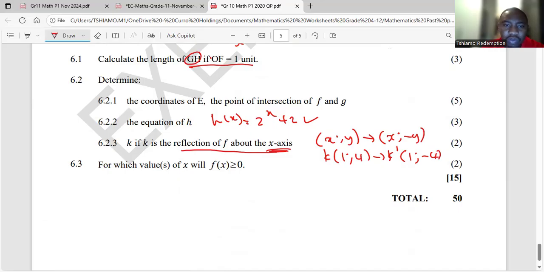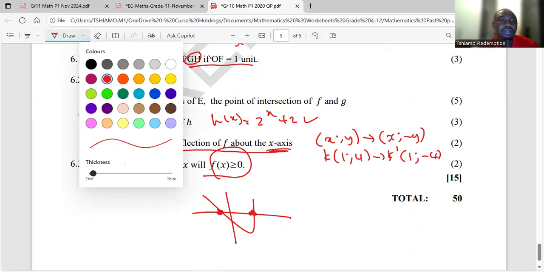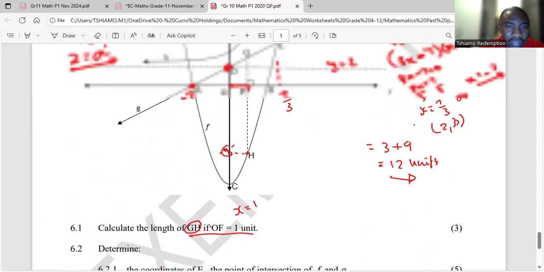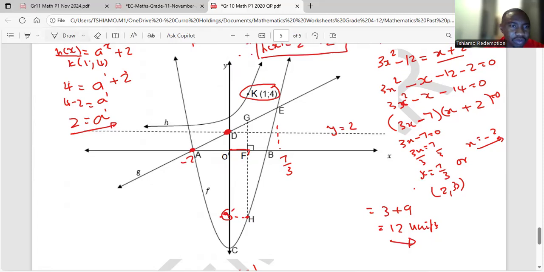Determine the values of x for which f of x is greater than 0. So where the graph of f is above 0, from where to where? So let's go to the graph, look at it. Where is this graph above 0? This graph is above 0 from minus 2 going that way and from 2 going that way. In between negative 2 and 2, the graph is below. Can you see?